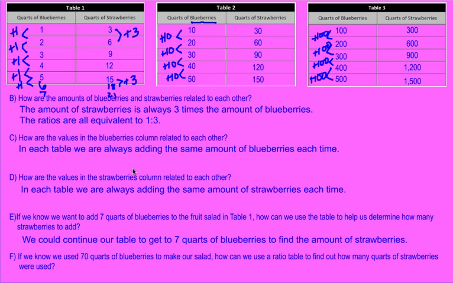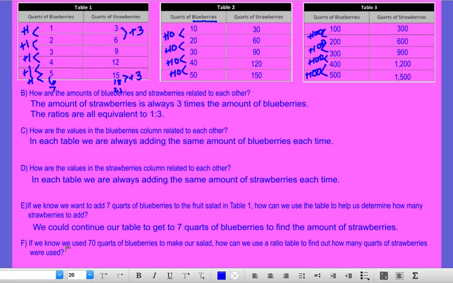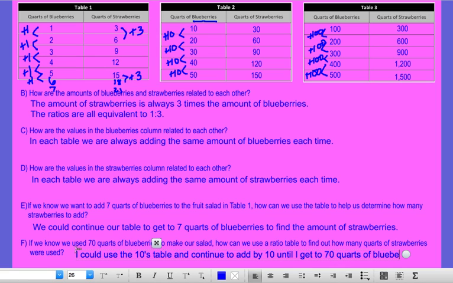Okay, so that's how I can use multiplication, and then I can use addition again. I could use the tens table and continue to add by 10 until I get to 70 quarts of blueberries.